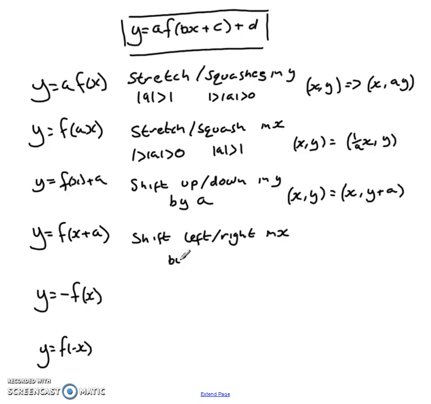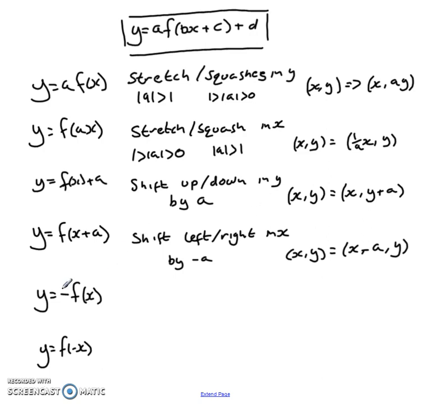It's shifting it by a value of negative a. So any generic point we've got that starts at x, y, shifts to the coordinate x minus a, comma y. So if this was f of x plus 3, everything would move left 3, so you'd be taking away 3. Again, x does the opposite to what we think is going to happen.